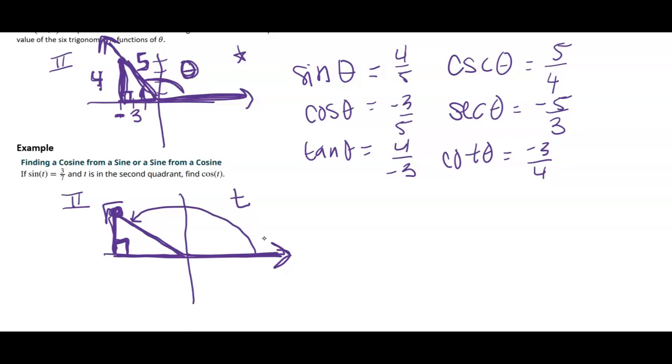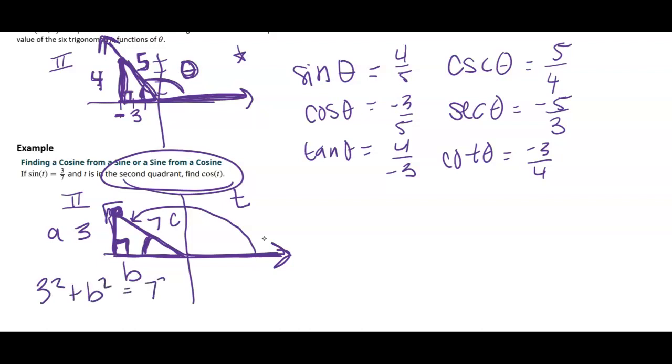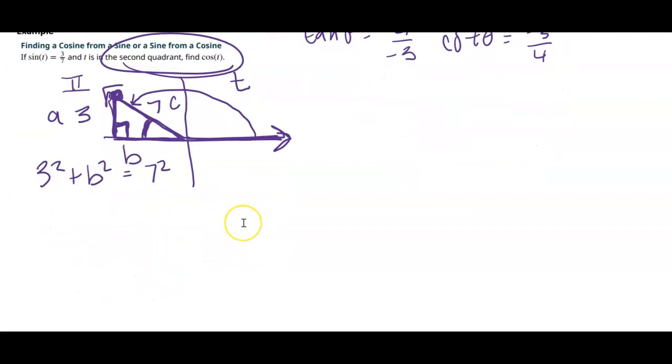Right, so that means that I can use this as my reference angle piece. And so sine is going to be 3 over 7. What that then helps me find is I can figure out cosine. So if I call this a, b, and c, I know that 3 squared plus b squared has to be equal to 7 squared. I know that 9 plus b squared must be equal to 49. b squared must be 40, and so b must be, in this case, it could be plus or minus because b is on that negative side, right?